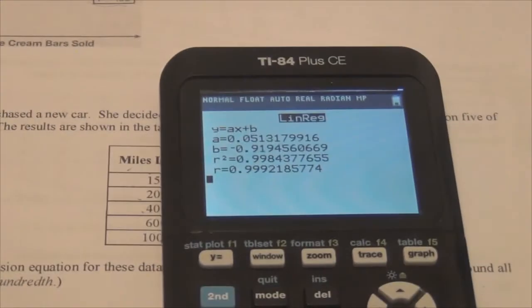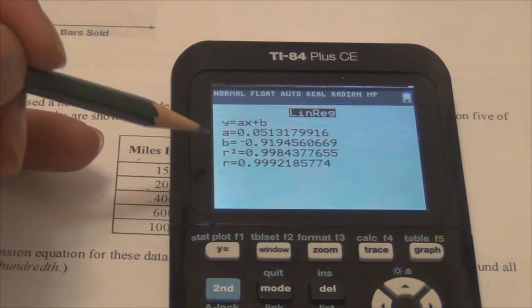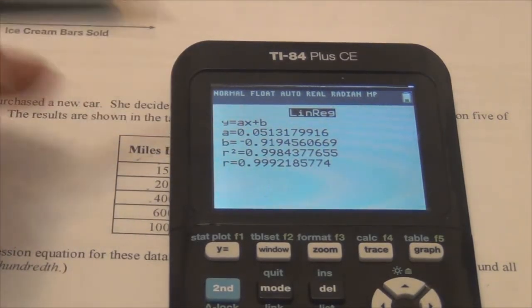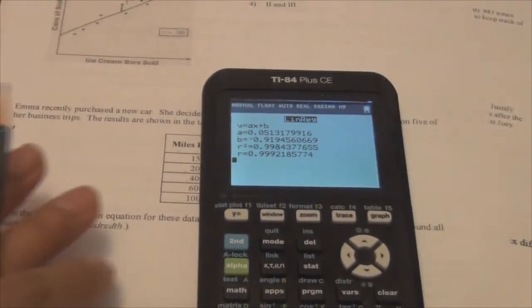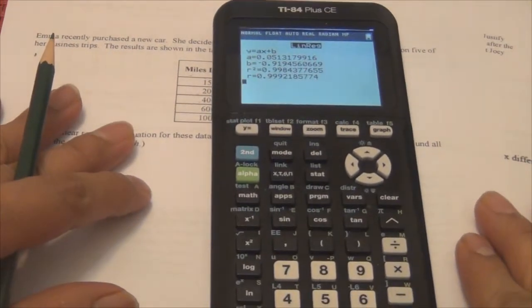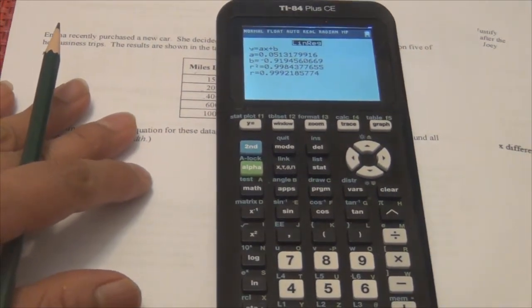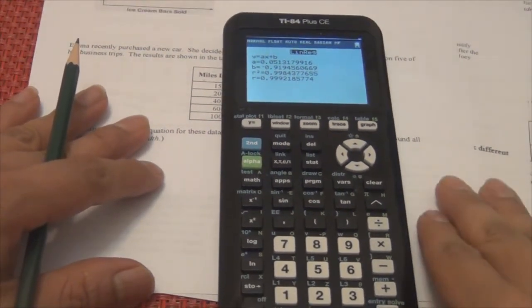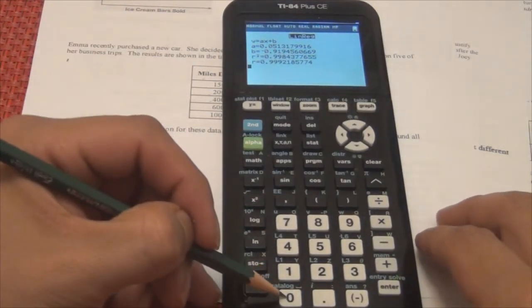Now, if you are using the calculator and you did not get r squared or r, then my advice to you is the following. Let me zoom out. Let me explain everything to you. Whether you're using a TI-84 or 84 Plus or 84 Plus CE, the process is the same. You're going to press the second key, and you're going to go to catalog.